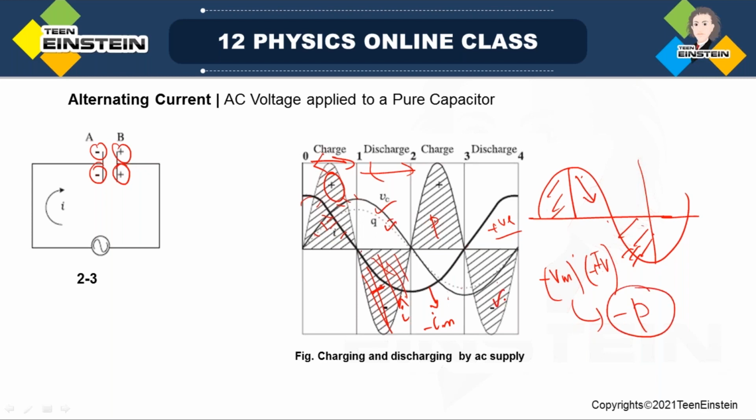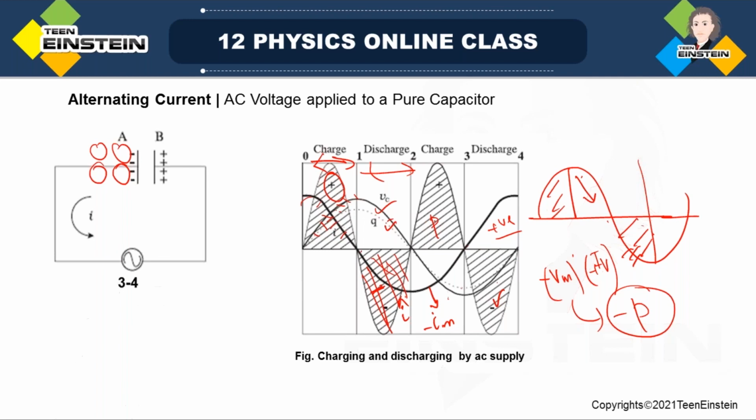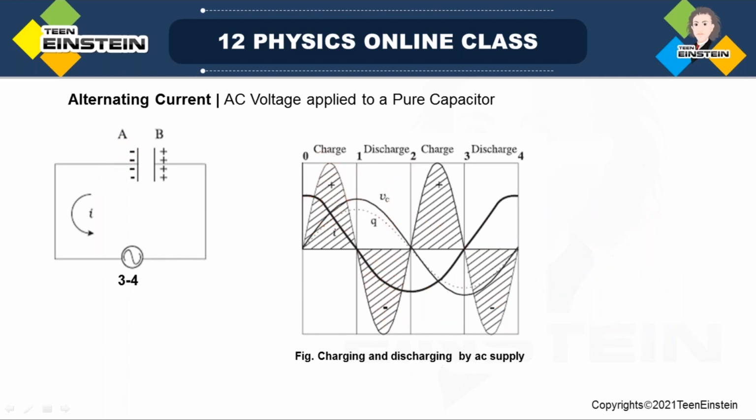So in a complete cycle, it will be charged once, and in the next quarter cycle, it will be discharged. Again, it will be charged in another quarter cycle, and in the fourth quarter cycle, it will be discharged again. The capacitor will be absorbing power and releasing it. When the power is negative, power is returned to the supply by the capacitor.